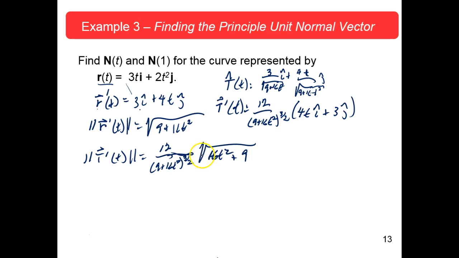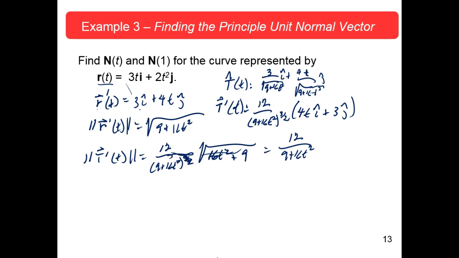So if you take this out, basically you lose the 1/2 here, and you just have, let's see how to express that. This is this times this times this, and that is just that. So you have this to the 0 to the first power then. You subtract the 1/2 from the 3/2. So that's what you wind up with, and that's how they get 12 over 9 plus 16t squared, okay?